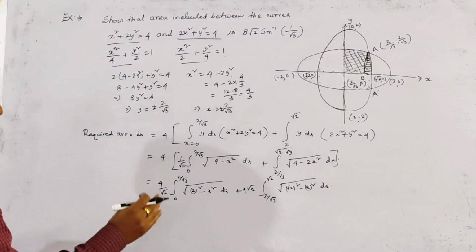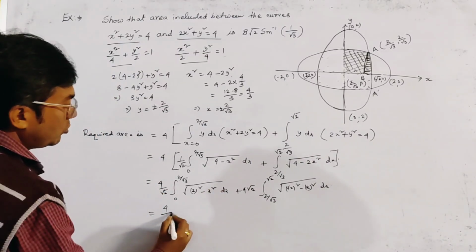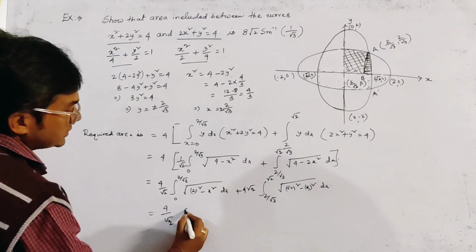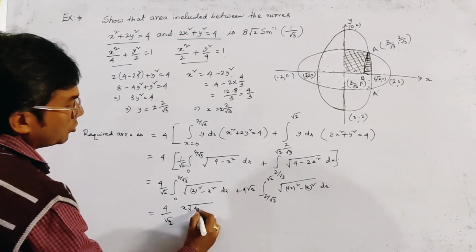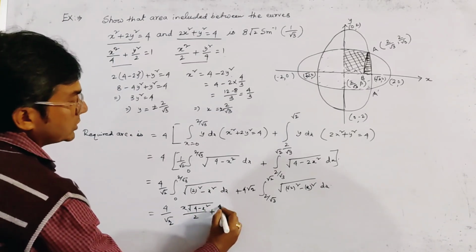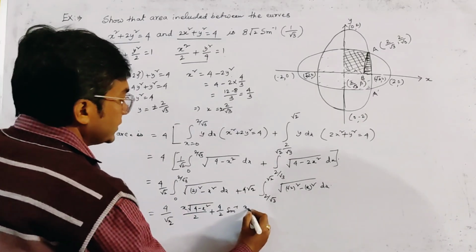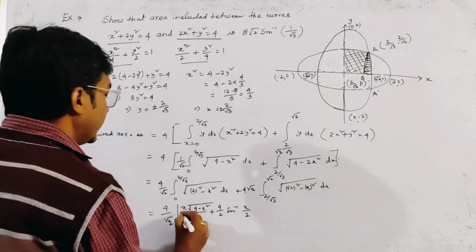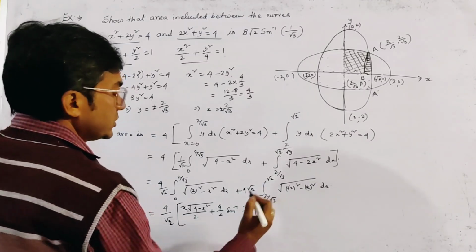Okay, and we put the formula on both the integrations, same formula, 4 by root 2, this is x into root 4 minus x square by 2 plus a square by 2, this is 4 by 2 sine inverse x by a, this is x by 2. Here the ranges are 0 to 2 by root 3.